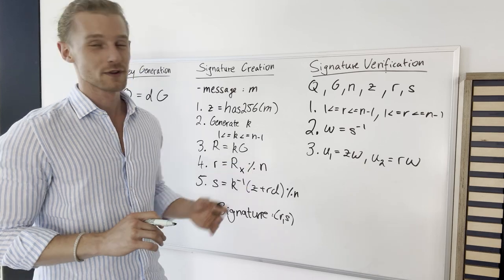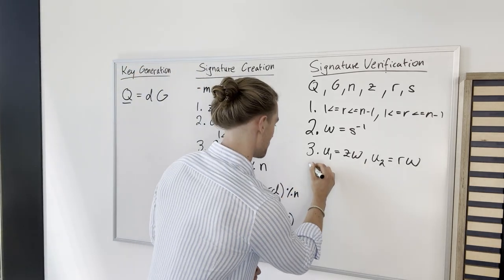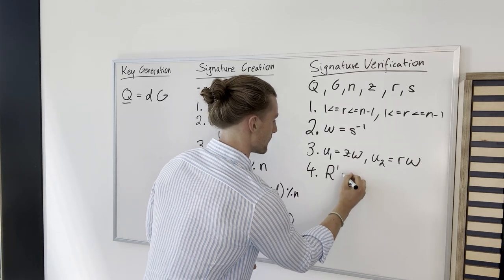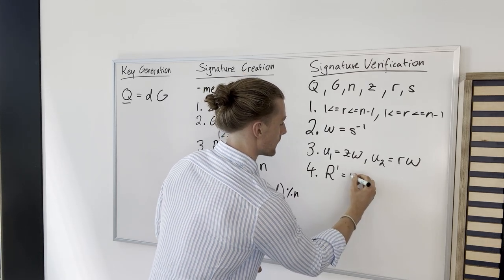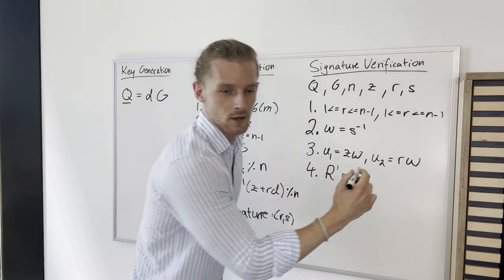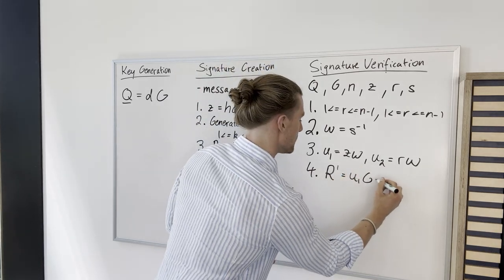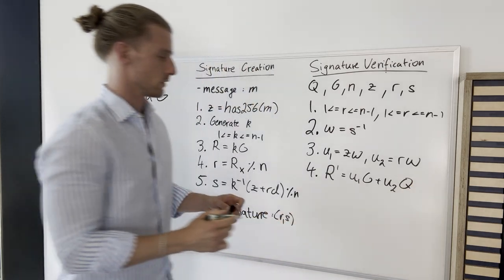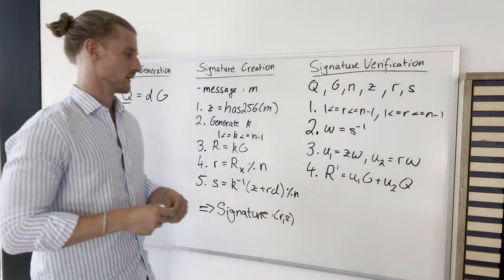So that brings me to the fourth step, which is to actually reconstruct this R, but we'll call this R apostrophe, where we do U1 multiplied by G plus U2 multiplied by Q. So what are we doing here?